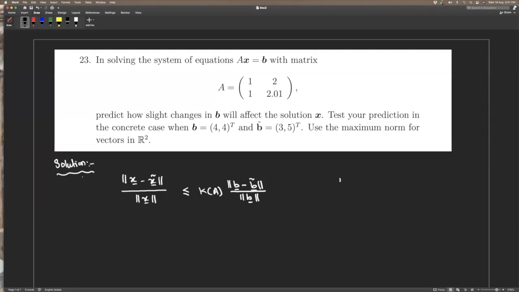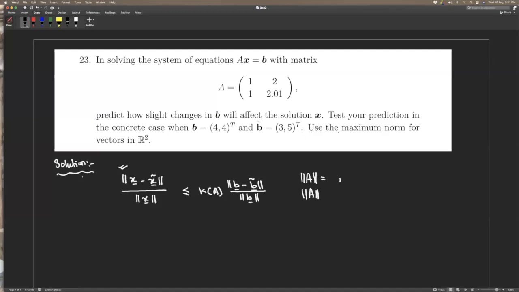Note that A is given by 1, 2, 2 and 2.01, and therefore we have to first find the norm of A and norm of A inverse. Remember, this inequality holds for any norm that we use.